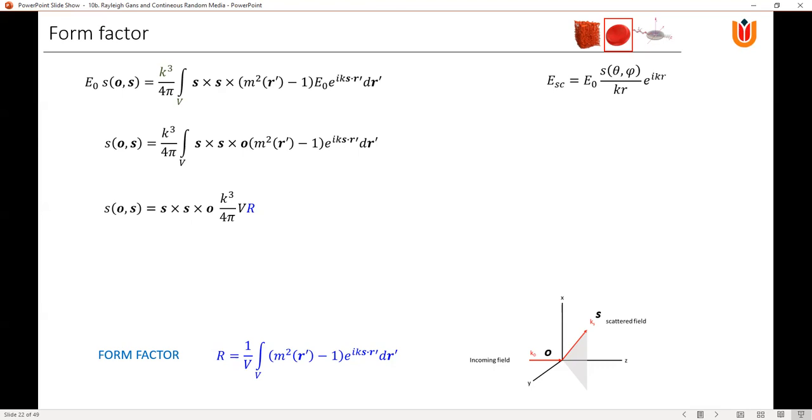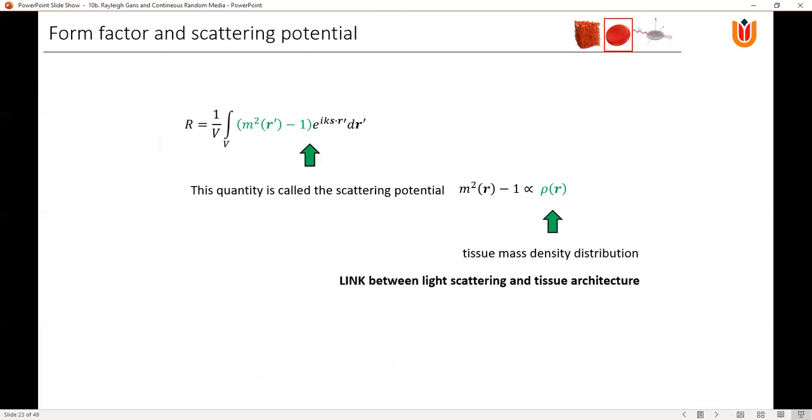These terms are just constants. The integration of the volume would just yield a value V, and then V cancels this V here. What remains of the integral is a volume integral, or Fourier transform, actually, as you can see, of the refractive index distribution over that volume. That has a name, which is called a form factor. And we can simplify that.